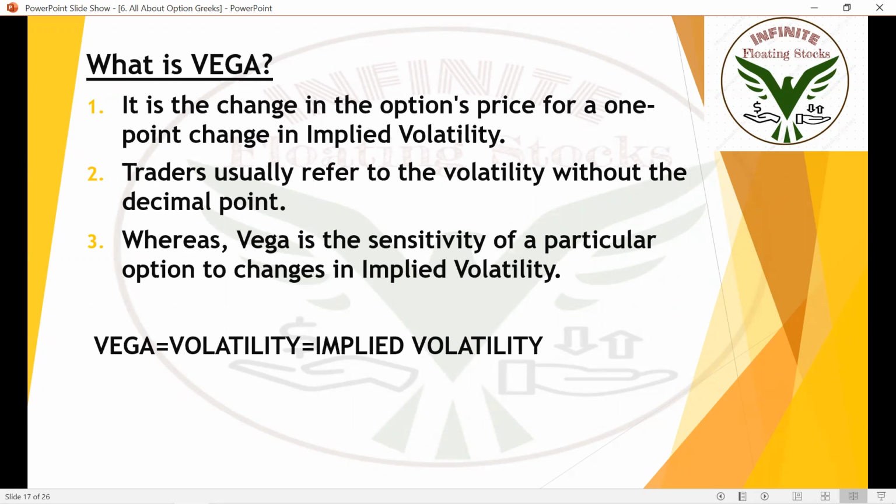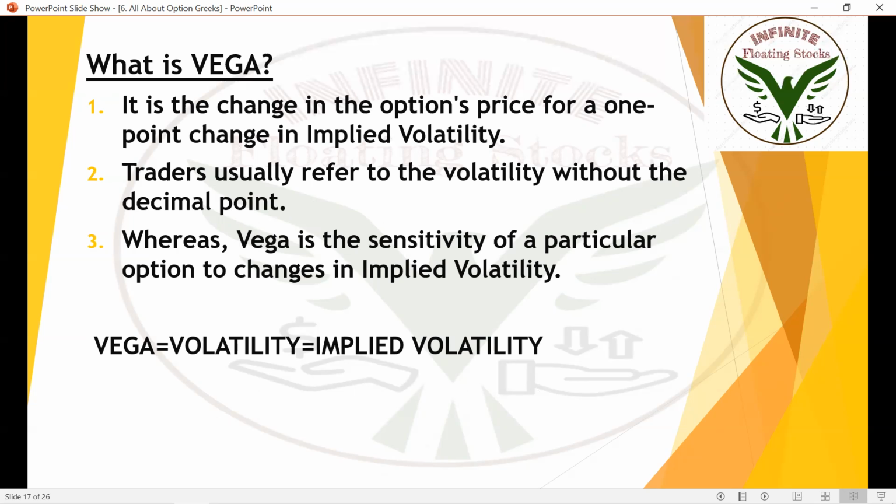Most traders consider VIX to the nearest integer. They just consider Vega for integers. If it's 22.33, then people say that VIX is 22.